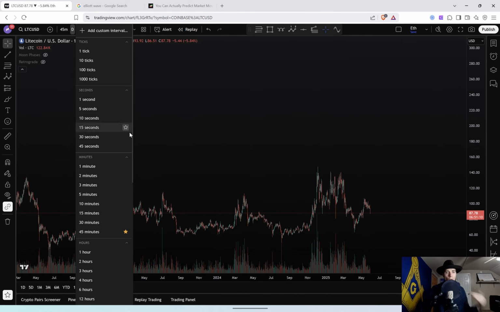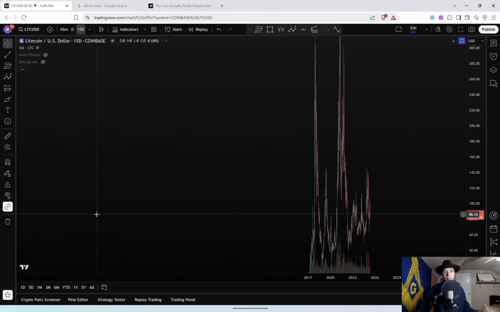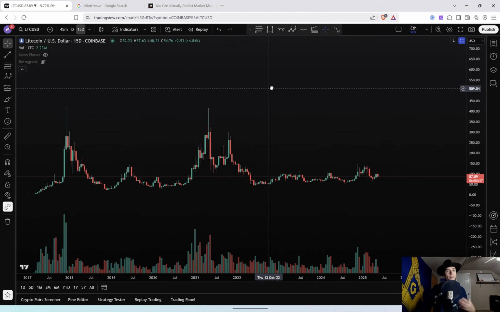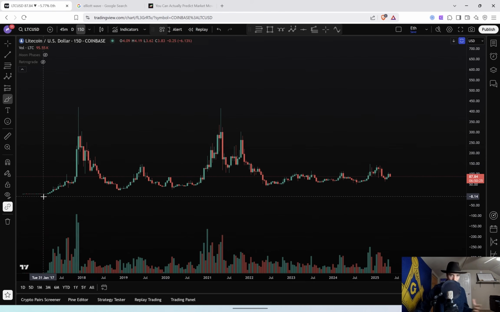So now let's zoom way out here and talk about Litecoin on an even bigger time frame, like the 15-day candlesticks, and we'll talk about what's happening here over multiple years. So here inside of the bigger time frame, the 15-day time frame, what we have going on is a very large accumulation cycle. Really, since 2017, Litecoin has been in a big, big accumulation cycle.